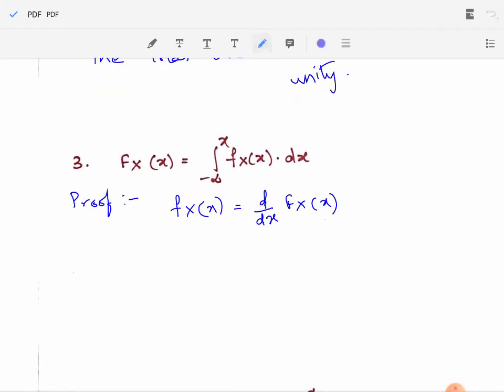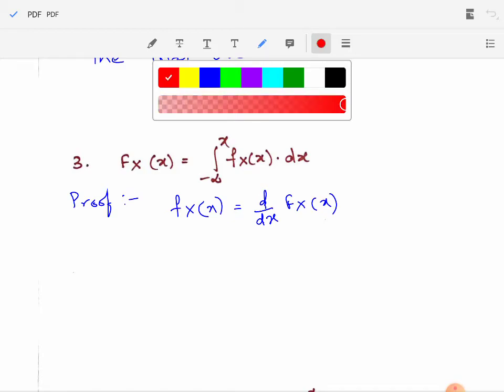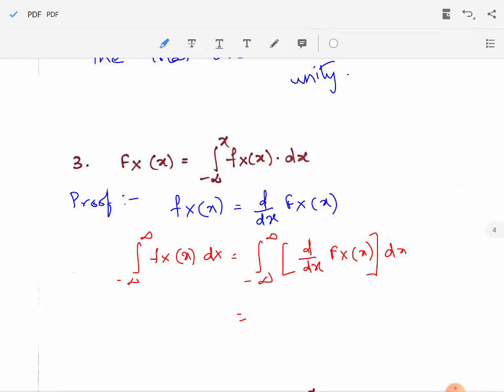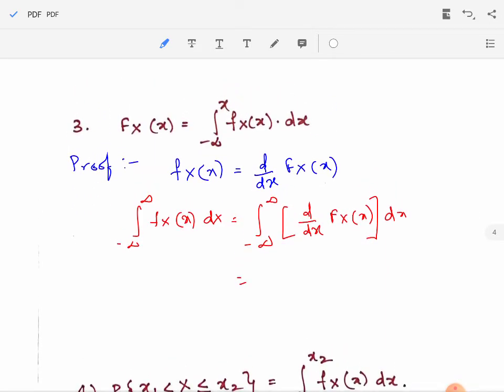Now again integrating on both sides, integral of f_X(x) dx is equal to integral of d by dx of F_X(x) dx. Now this can be written as F_X(x) between the limits minus infinity to x.